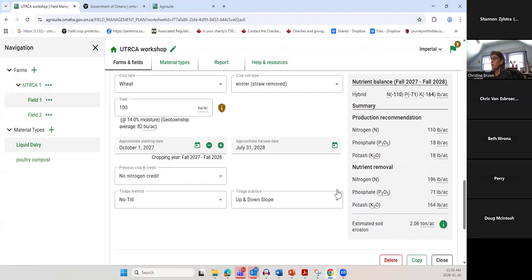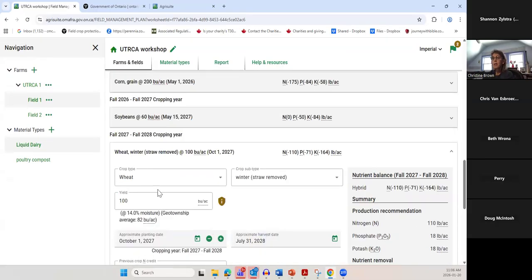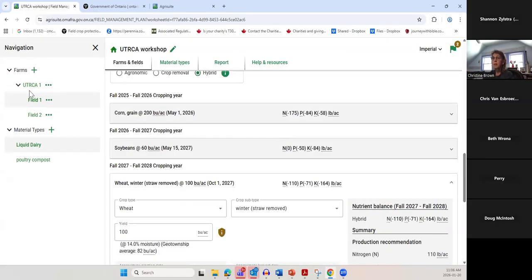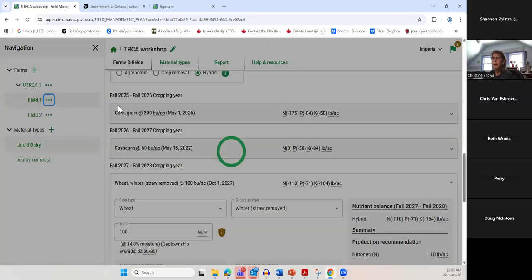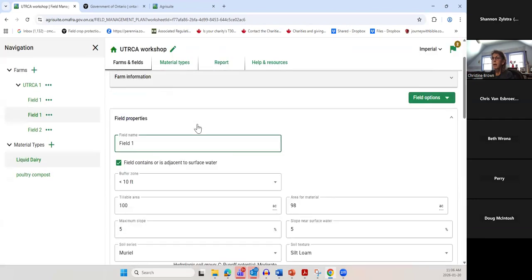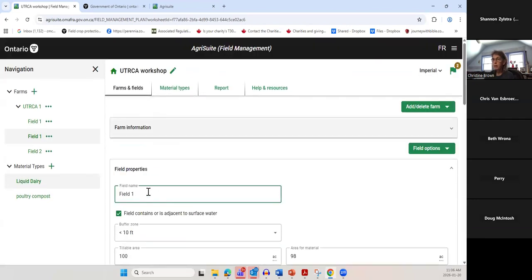Oh, 164, it wasn't even 110. And my estimated soil erosion, again, is based on site conditions. If I wanted to, I could copy this field now and call it field 3.